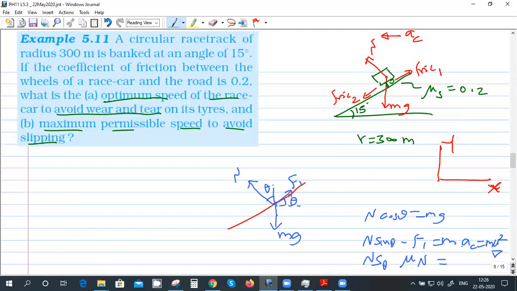So how many unknowns are there? N and v are the unknowns, since theta is given.